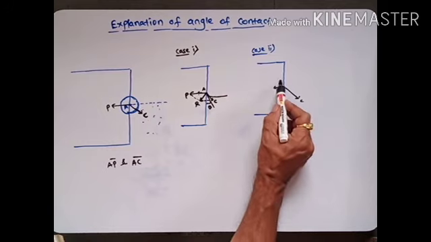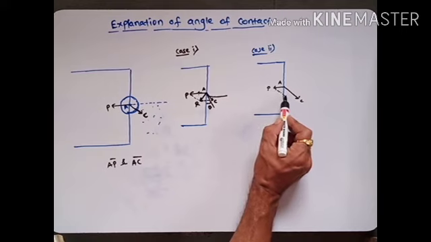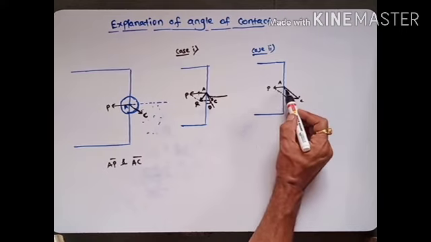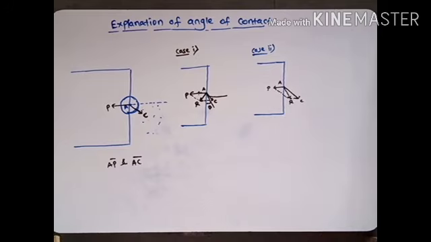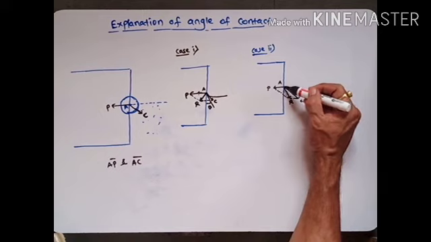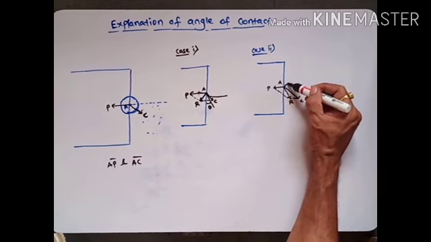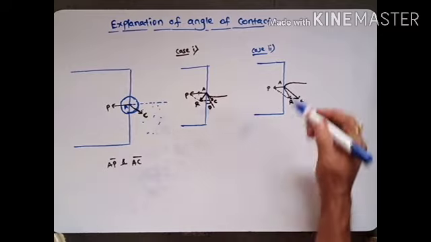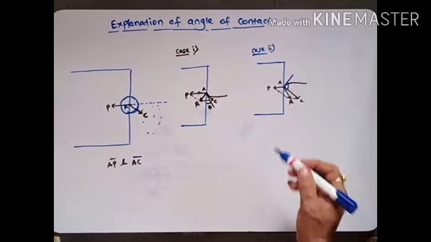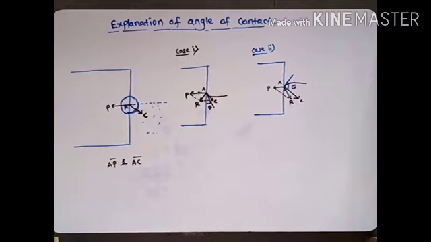If we obtain the parallelogram, this is the resultant which is in the liquid. Now the natural tendency of the liquid is to keep its surface perpendicular to AR. Therefore molecule A moves in the downward direction and we get a convex surface. And if we draw the angle of contact like this, then theta is obtuse.